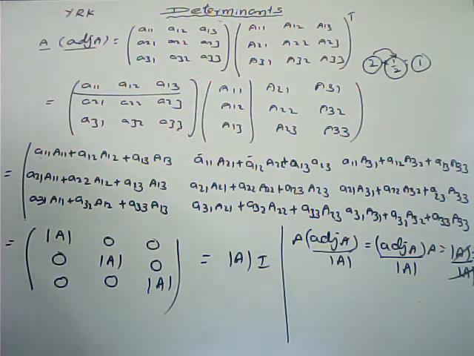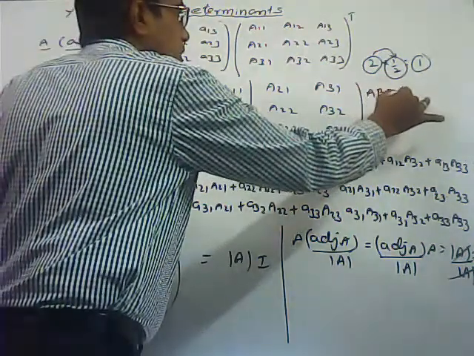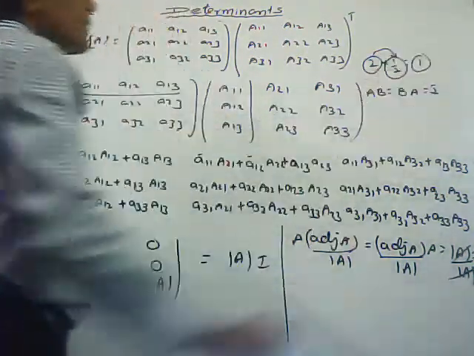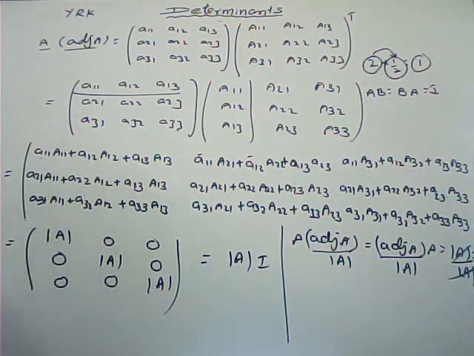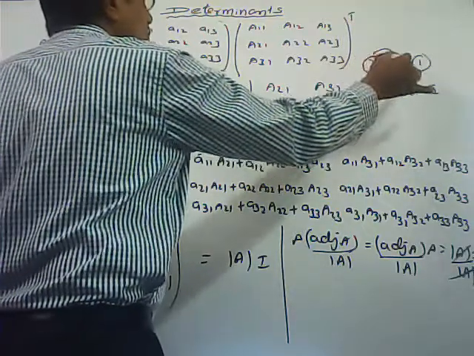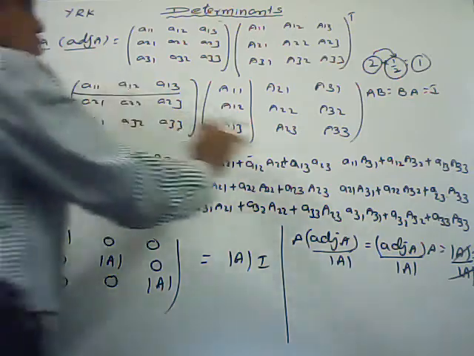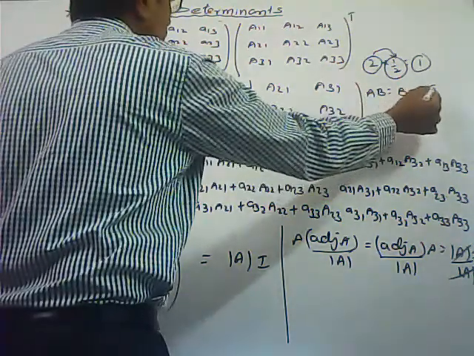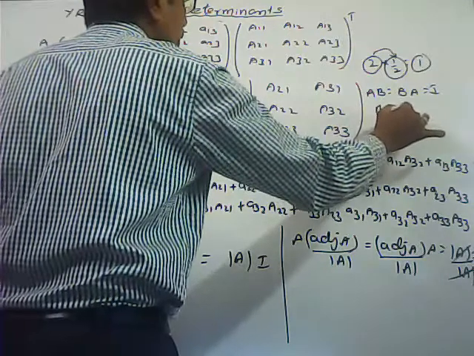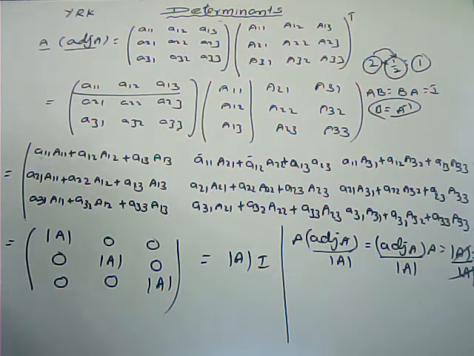Here also, for two matrices, if AB is equal to BA is equal to I, then 2 into 1 by 2 is equal to 1 by 2 into 2 is equal to 1, so 1 by 2 is the multiplicative inverse of 2. Here also, A into B is equal to B into A is equal to I, then B is the inverse of A, or A is the inverse of B. If the product of two matrices gives the identity matrix, each one is the multiplicative inverse of the other matrix.